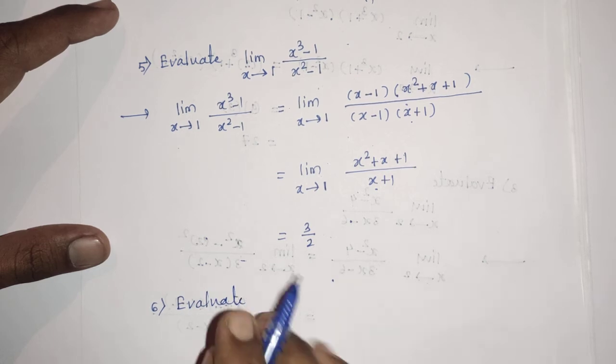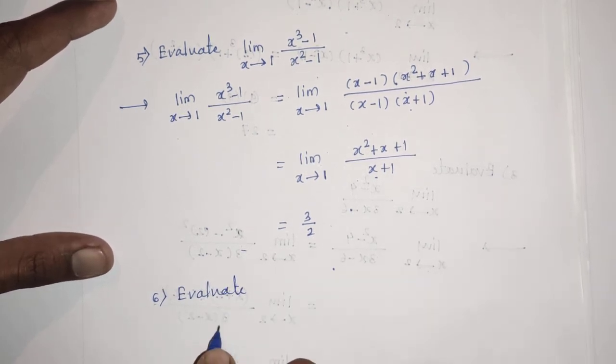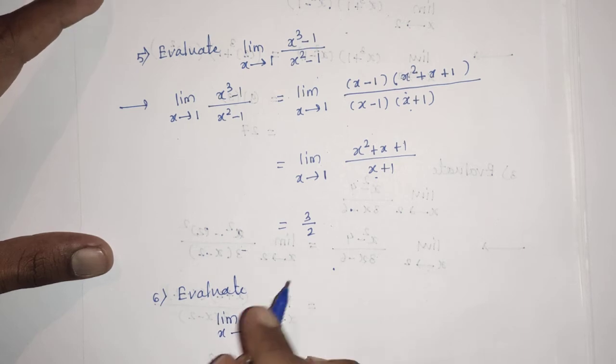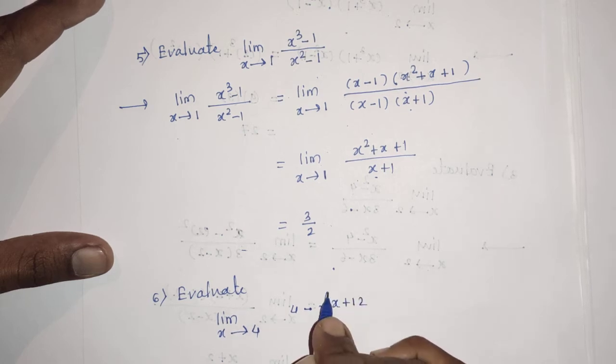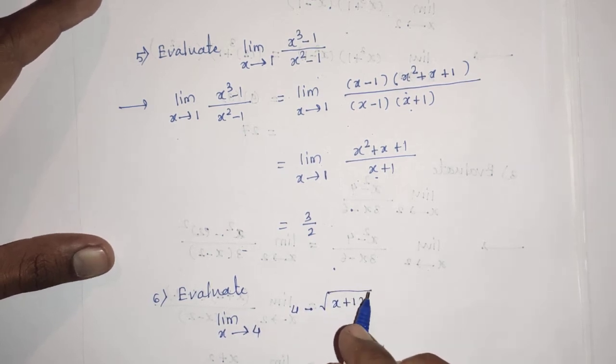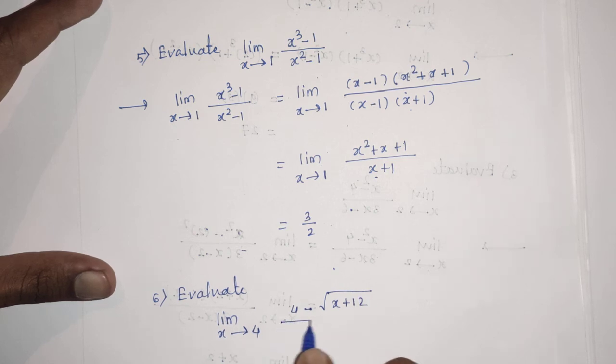Evaluate limit x tends to 4, 4 minus square root of x plus 12, divided by x minus 4.